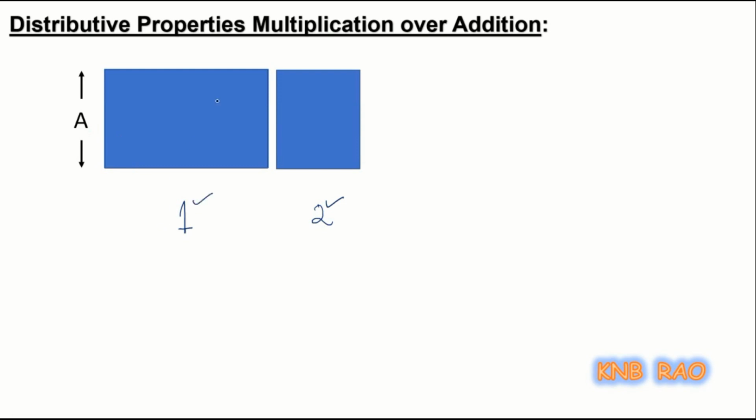So we assume the bigger rectangle's length as B, and by comparing these two, keeping one beside the other, this dimension is A.